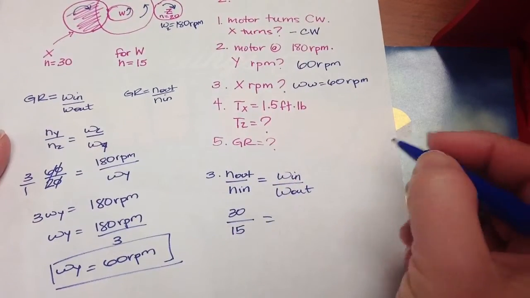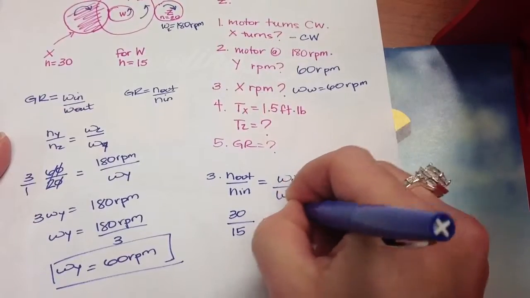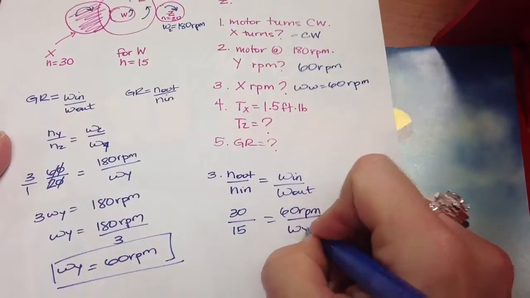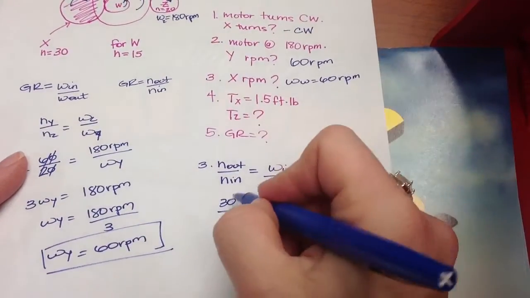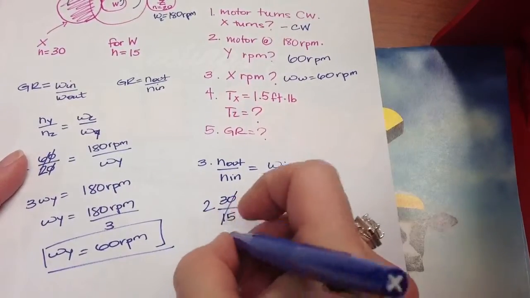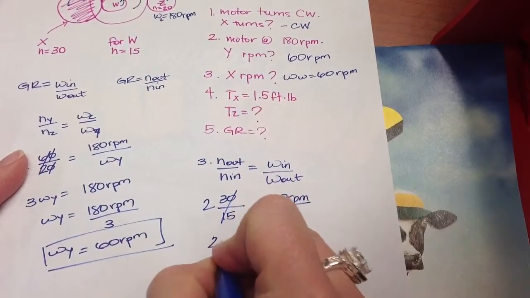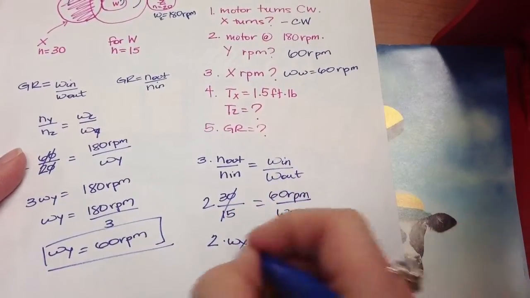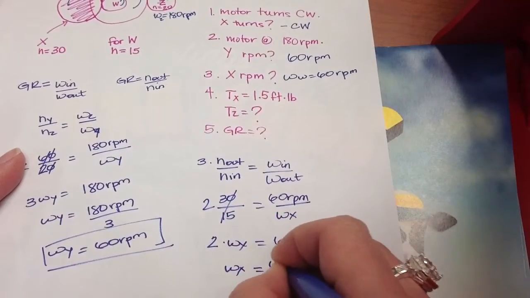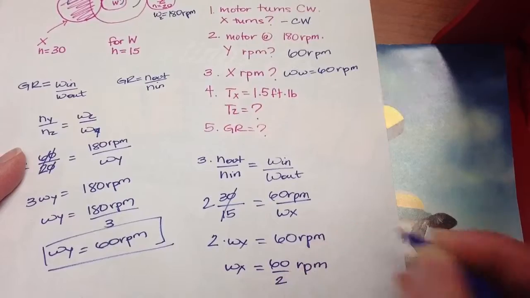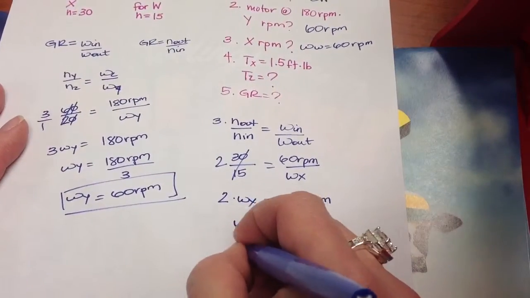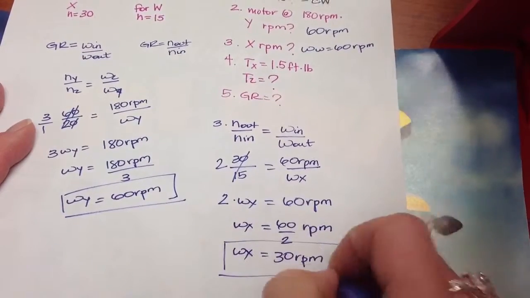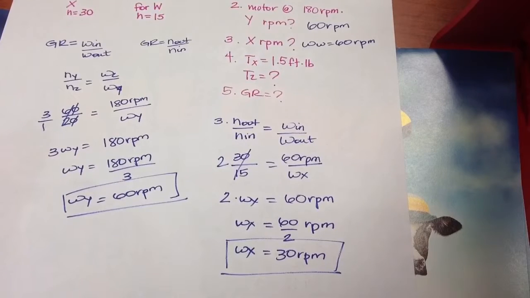The speed of W, which will be W in, is 60 RPM, and we don't know the speed of X. That reduces to the number 2. So we have 2 times Wx is equal to 60 RPM, and Wx is going to be 60 over 2. The speed of X is going to be 30 RPM. So that's the answer to that.